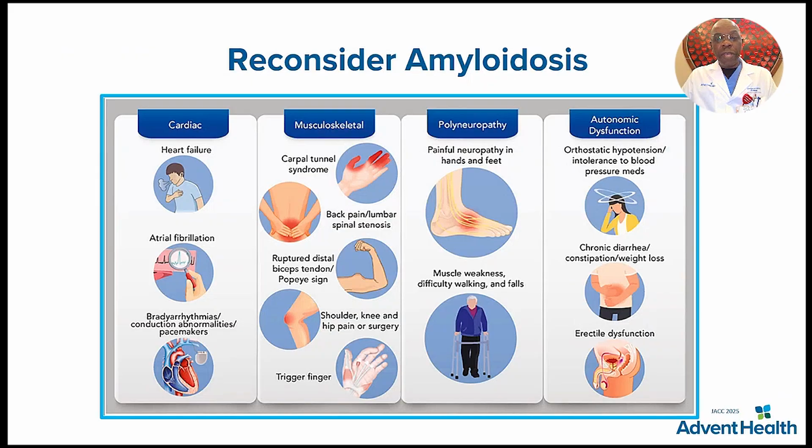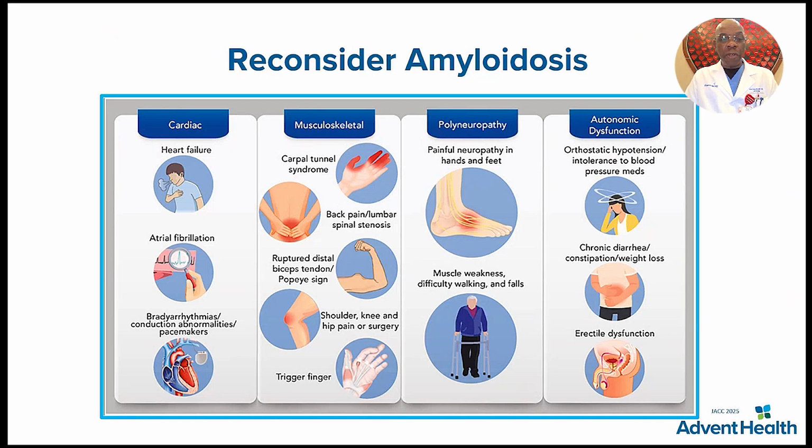So the reason we say reconsider amyloidosis is because whenever you see a patient with heart failure who also has many other things going on with them, it is important to go back and reconsider whether or not you've missed amyloidosis. One of the reasons we want to consider or reconsider amyloidosis is because it can involve the entire body.